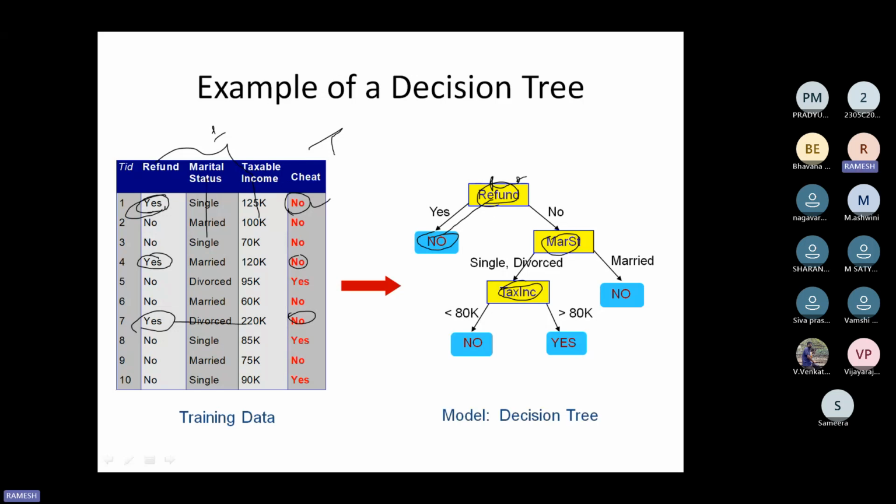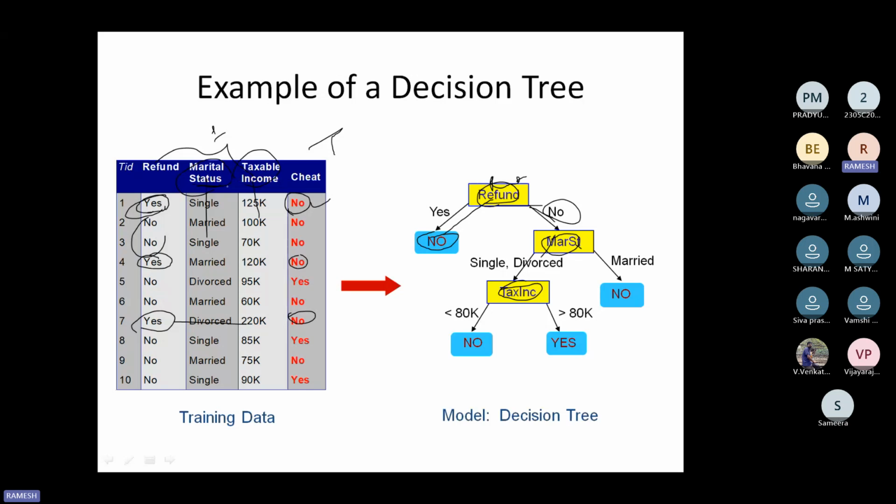Now, when refund is no, we are going to consider the remaining columns. Out of the three, one is selected as a root node, and for the case where the answer is no, which one should be considered as the next intermediate node?